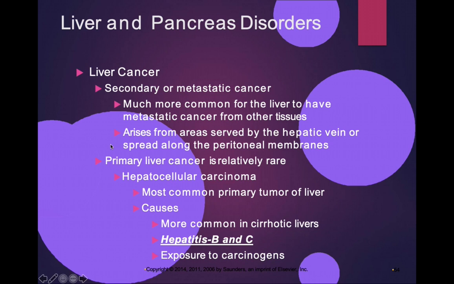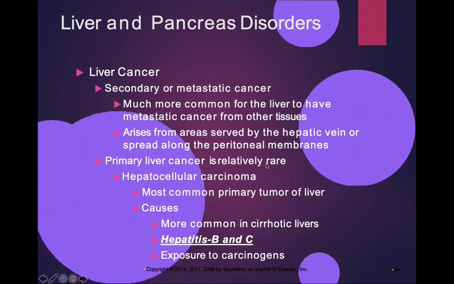Okay, liver cancer. Secondary or metastatic cancer is much more common for the liver, from other tissues. So they arise from areas served by the hepatic vein or spread along the peritoneal membrane. Okay, this should really say they arise from areas served by the hepatic portal vein, because now that can spread from the spleen, from the stomach, from the small intestine, large intestine.